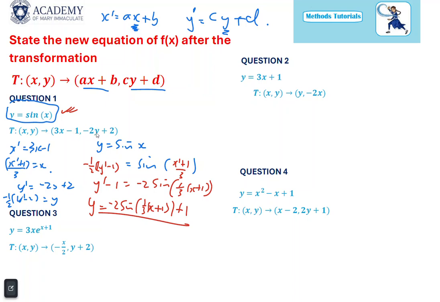So looking at question 2, x dash equals y, so obviously we have some sort of reflection over the line y equals x, and y dash equals minus 2x, and we have a reflection and a dilation. Minus a half y dash.